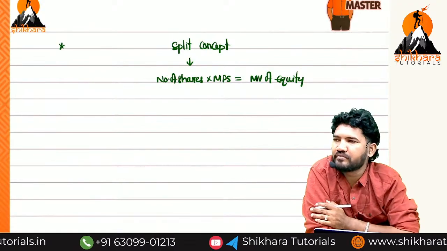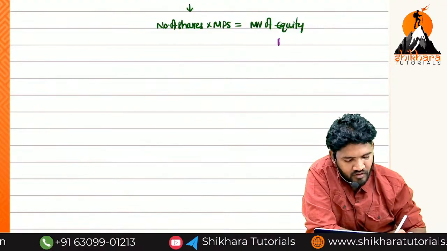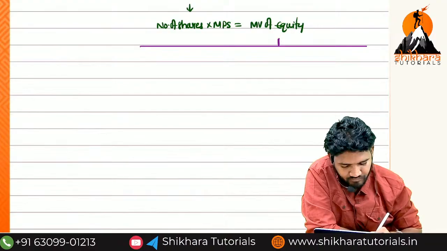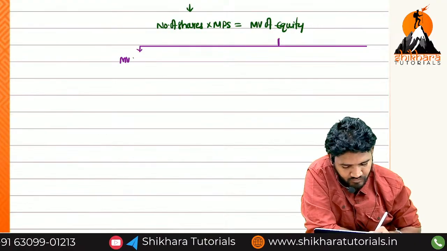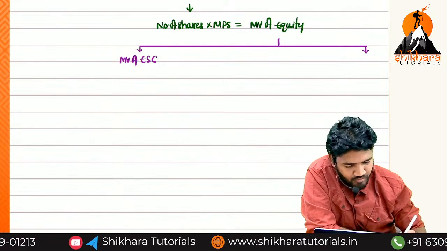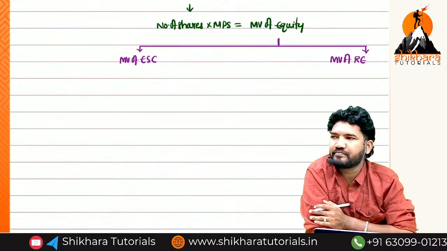Guys, clear? Now what is meant by split here? Out of that market value of equity, I want the market value of equity share capital proportion amount and the market value of retained earnings amount.